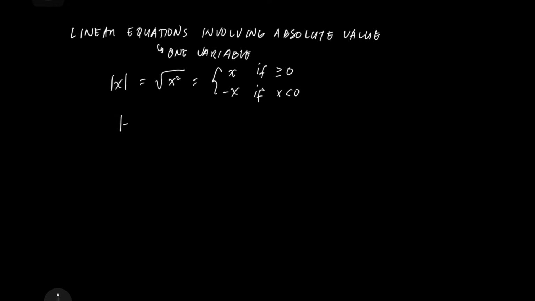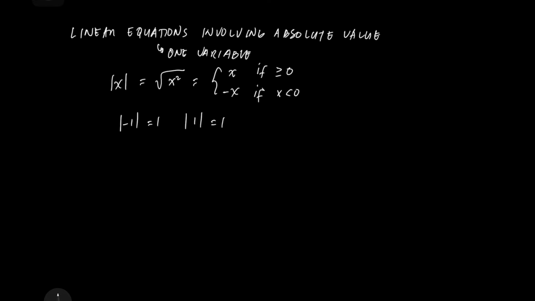It means that the absolute value of negative 1 is 1, and the absolute value of 1 is 1. So an absolute value is something that gives a positive value. If it's a negative, or if it's a positive, the absolute value of it is still positive.